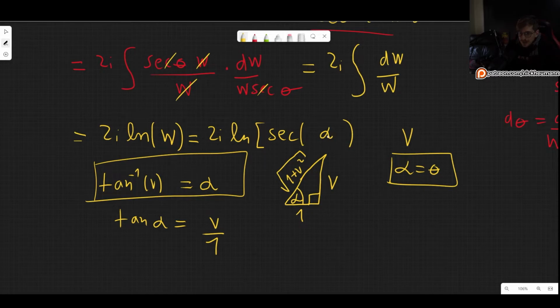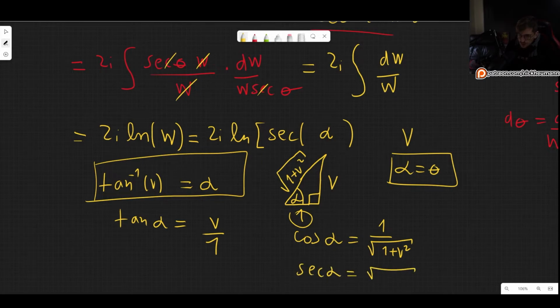Okay, and what is the secant of alpha? Well, the secant is 1 over cosine, so let's find the cosine of alpha. The cosine of alpha is this side divided by the hypotenuse, so 1 over the square root of 1 plus v squared. So the secant is 1 over this, so the secant of alpha is the square root of 1 plus v squared.